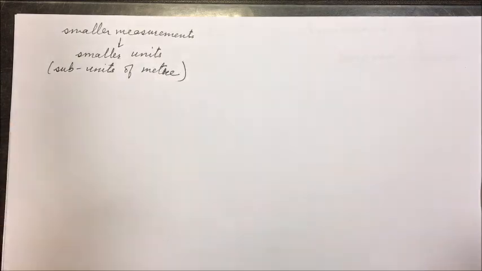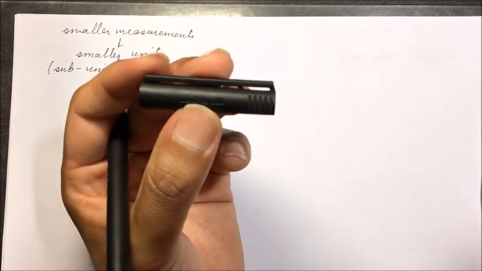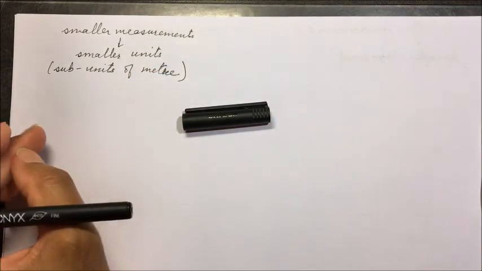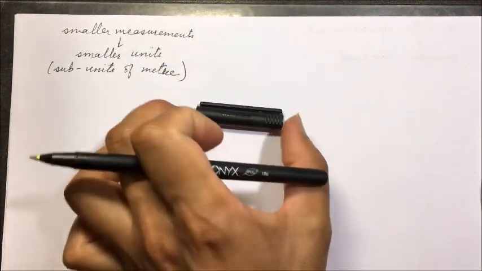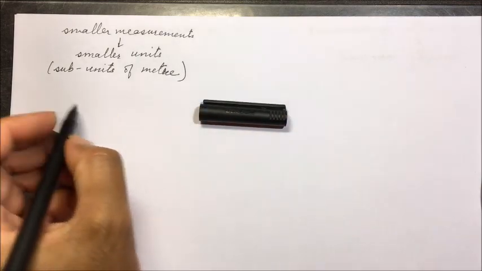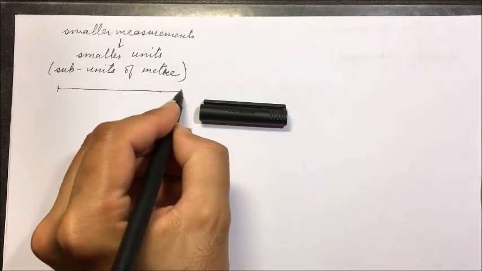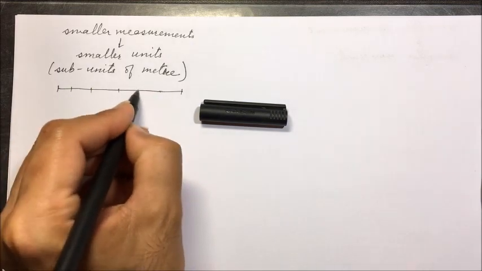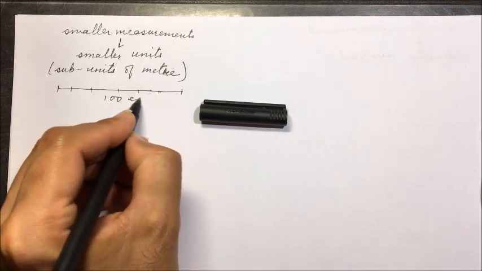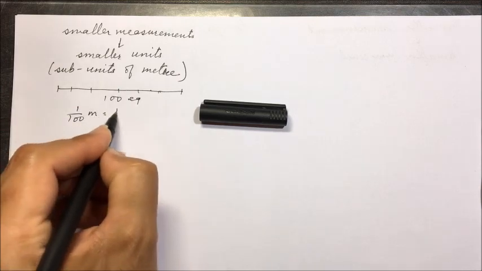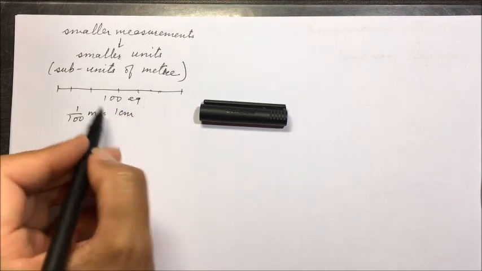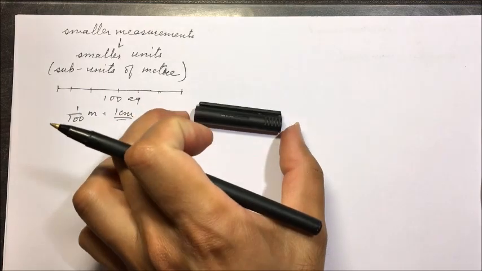A meter will be too large to measure its length, so we can divide the meter into 100 equal parts and each part is equal to 1 centimeter. So a smaller unit can be used to measure the length of this cap.